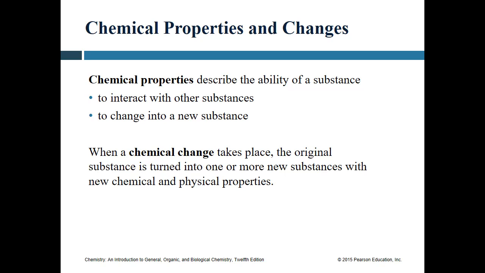And what we will always see out of a chemical change is that the substances that we start with end up being different from the substances that we end with. And that's what separates the chemical change from the physical. In a physical change, we have the exact same stuff at the beginning as we do at the end. It might just look a little bit different.